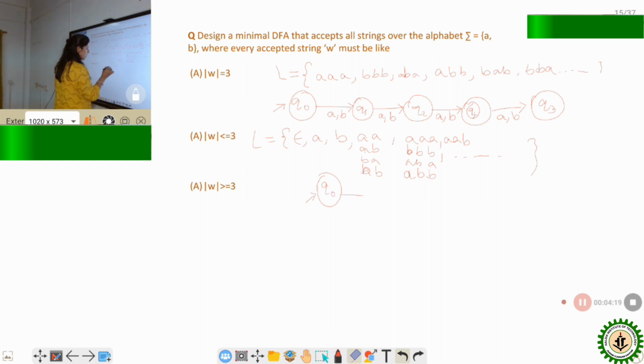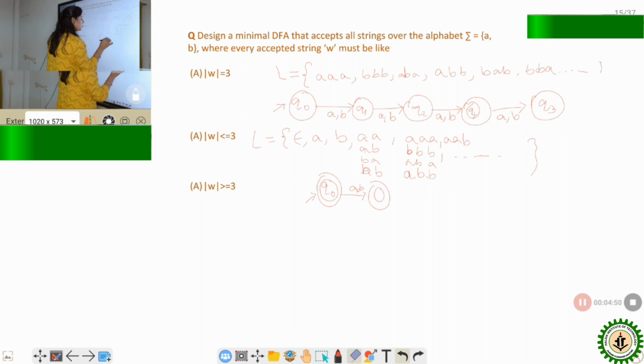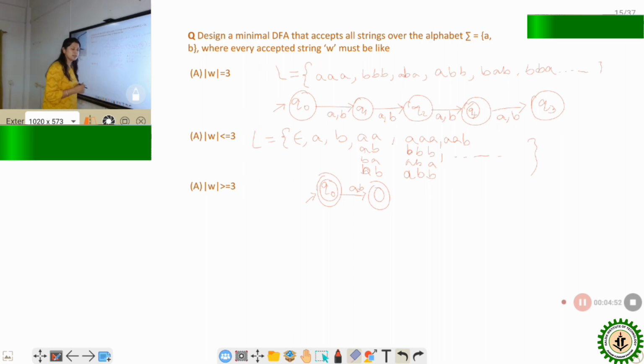So, again, it will start with Q0, and here we have applied epsilon. Epsilon means the initial state is a final state, because the null string means we are not giving any input symbol. That means without giving any input symbols, we reach our final state. That's why our initial state will be a final state. If we give A or B, then it will reach our final state.